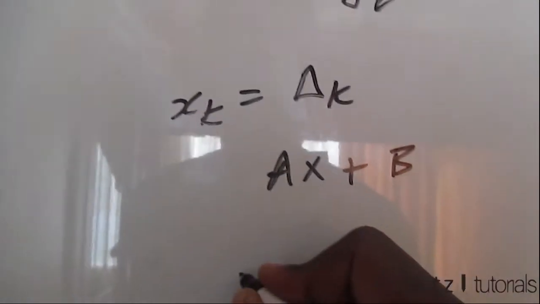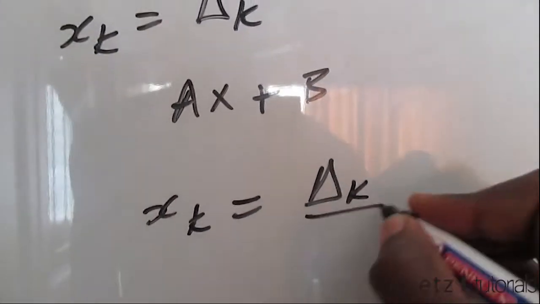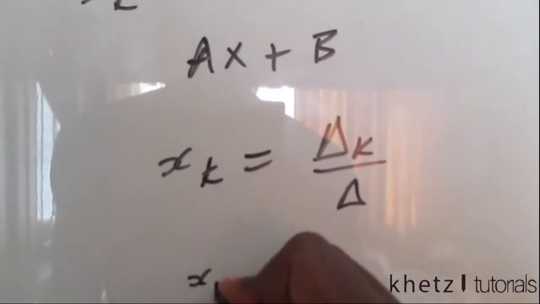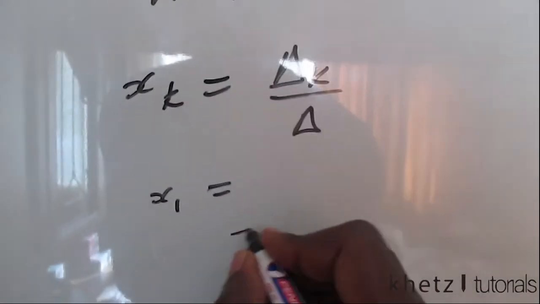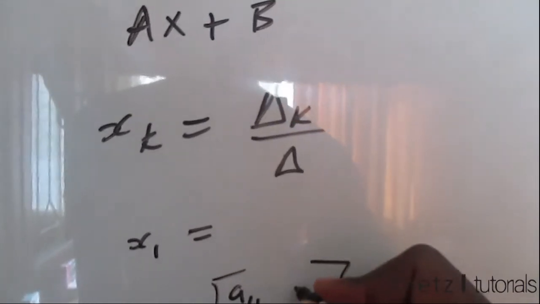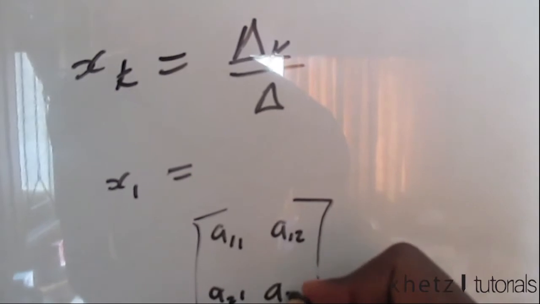Let me do it again. So x subscript k is equal to delta k divided by delta. So let's say I want to find x1. I'd have to move, so let's do that for this kind of matrix. Okay, let's quickly do that.